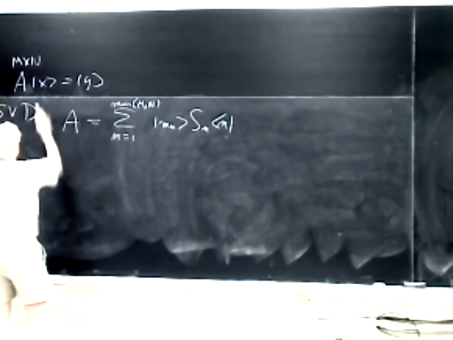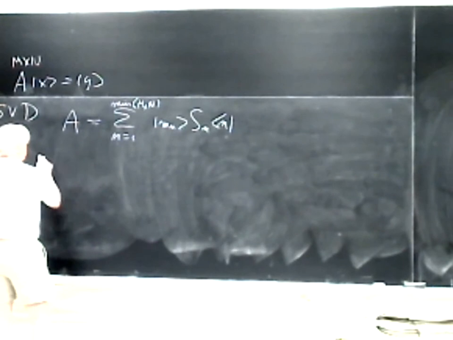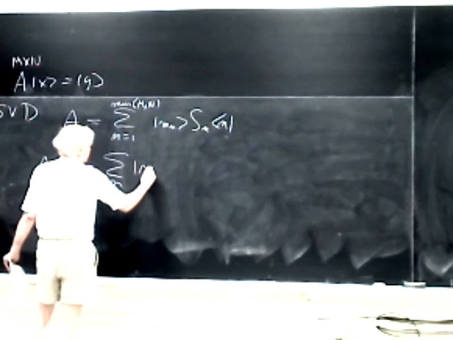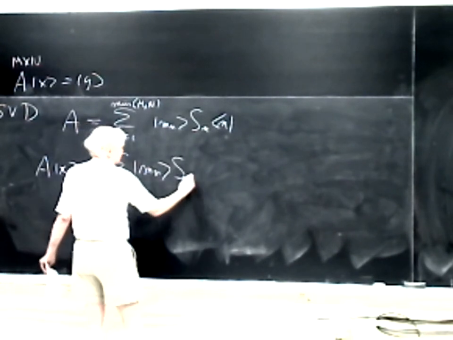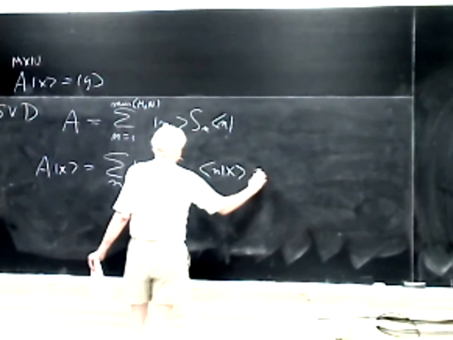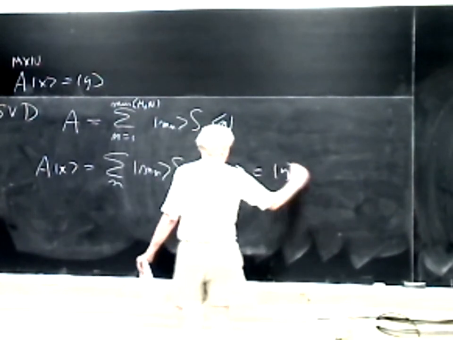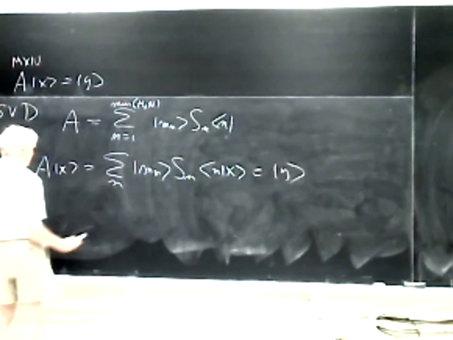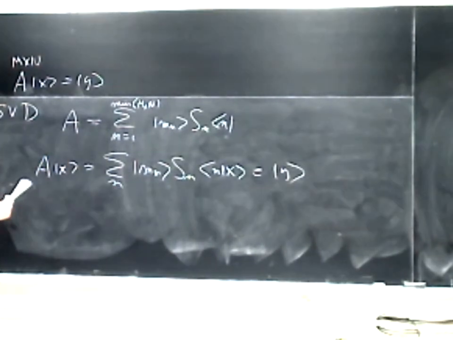And so then this equation, Ax, is the sum over n of m sub n, the singular value s sub n, and x equal to y.